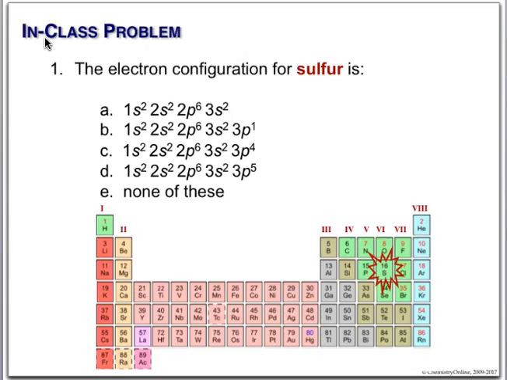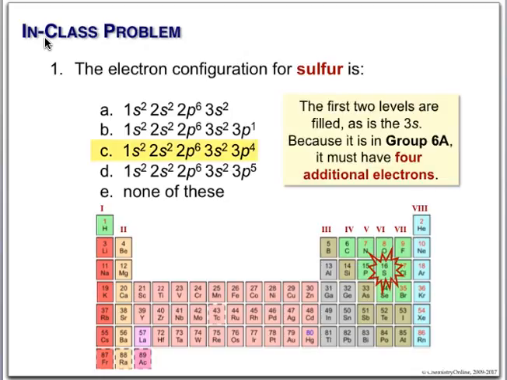Very simply, 1, 2, 3, 4. Everything else is full, and we have 4 electrons down here. That's why the periodic table looks this way.